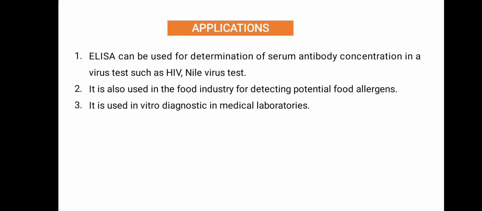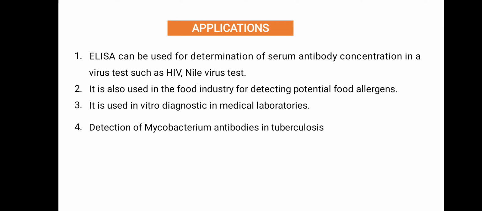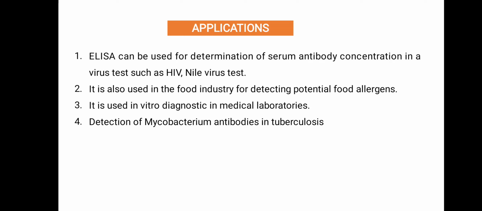It is used as an in vitro diagnostic in medical laboratories. In vitro means outside the body. Fourth, detection of mycobacterium antibodies in tuberculosis. And fifth, detection of bird flu.